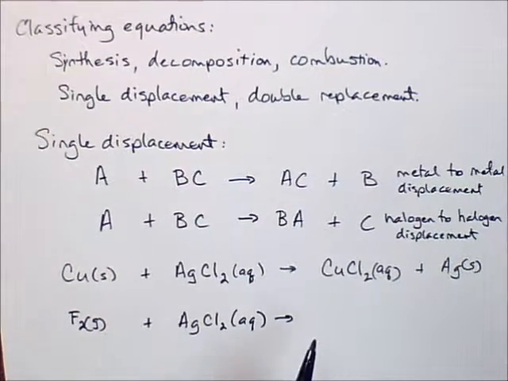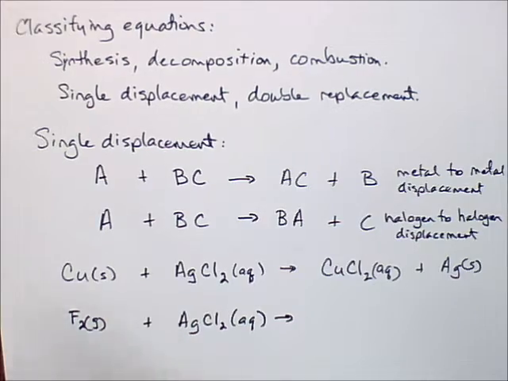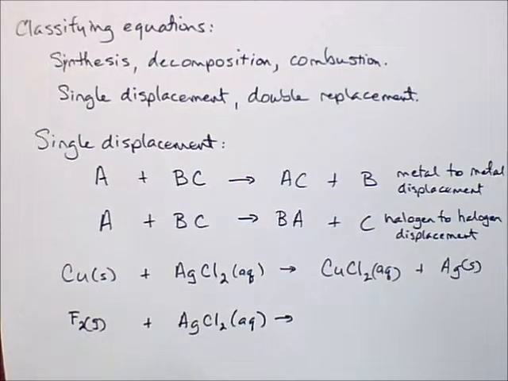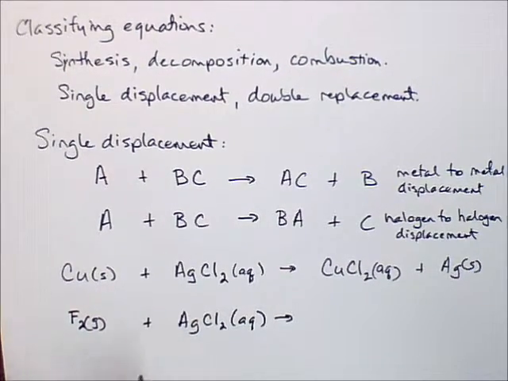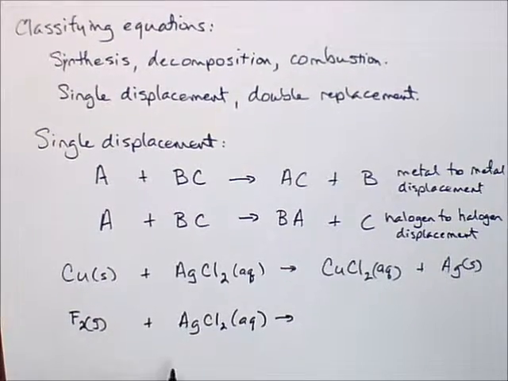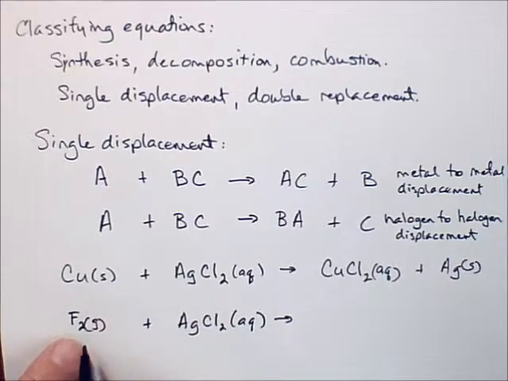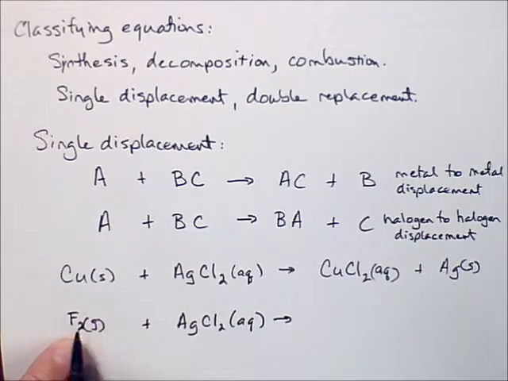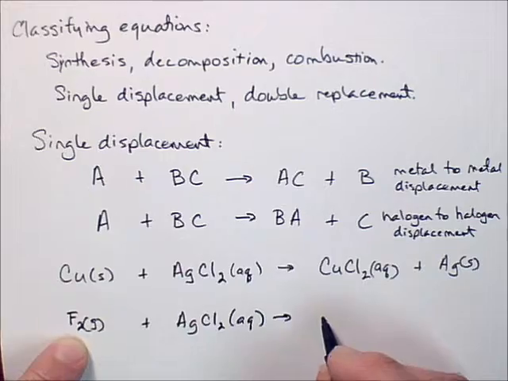So what happens is elements in single replacement reactions displace other ions of that same kind of element. So elements displace things they are like. Metals displace other metals. Halogens replace other halogens. So F is going to replace or displace Cl.